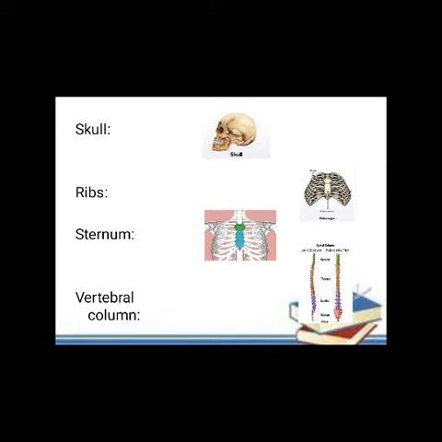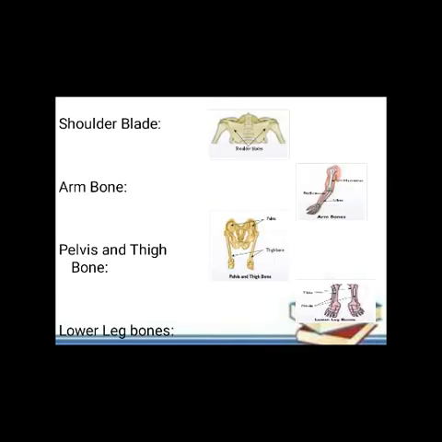Next, vertebral column. These are also known as backbone or spine, which is 33 in number, and it helps in the protection of spinal cord. Next, shoulder blade, which connects the collarbone and the arm bone.